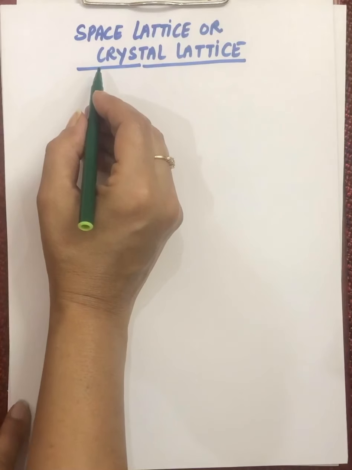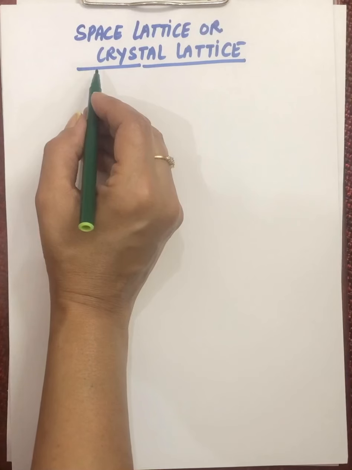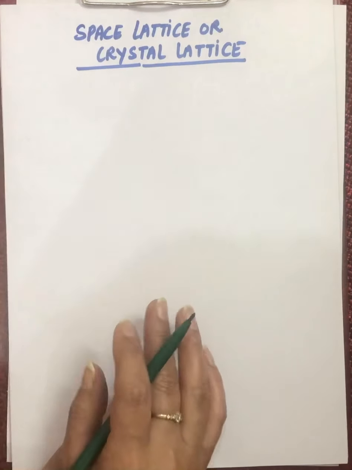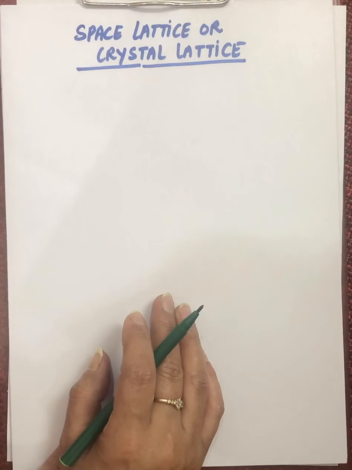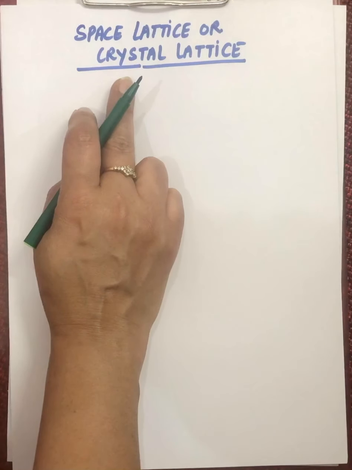Next topic now in solid states is space lattice or crystal lattice. To understand the structure of solid, we need to understand first of all what is a crystal lattice.